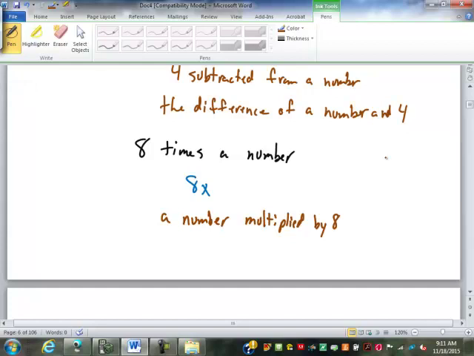A number repeated 8 times. The product of a number and 8. All sorts of ways, again, to express 8 times x, or 8x.